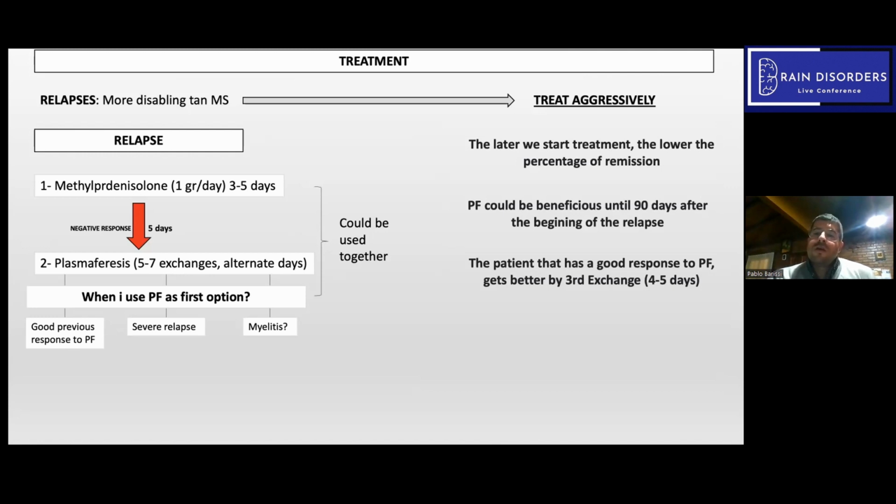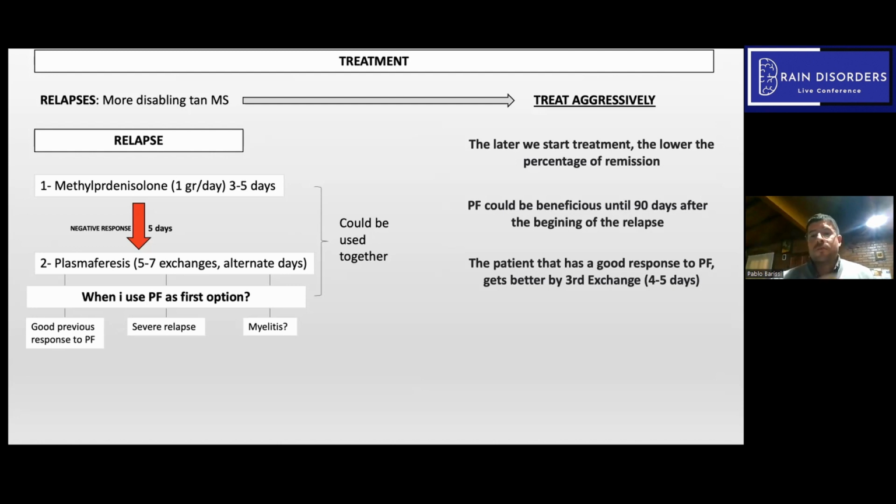So here we have some topics. The later we start treatment, the lower the percentage of remission. This is so important because, like it says before, plasmapheresis could be beneficial until 90 days after the beginning of the relapse.